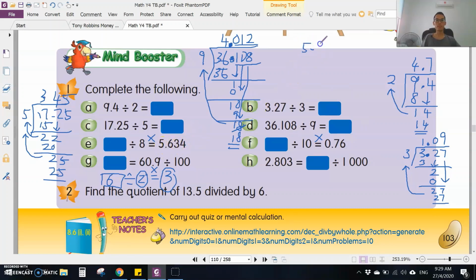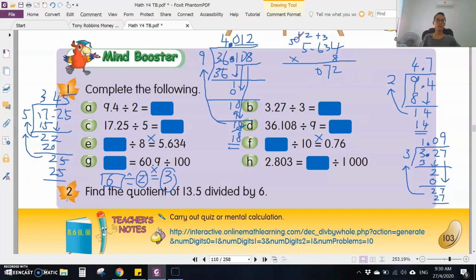So 5.634 times 8. Okay, 8 times 4, 32. Write a 2 here and carry 3. 8 times 3, 24. 24 plus 3, 27. Write a 7. 8 times 6, 48. 48 plus 2, 50.